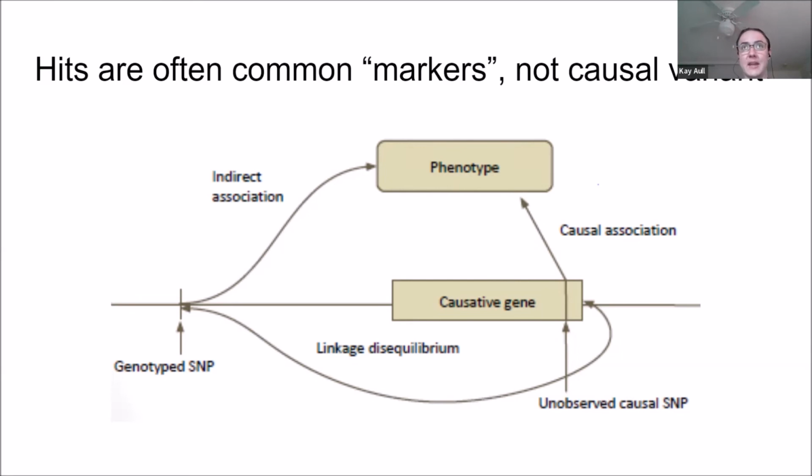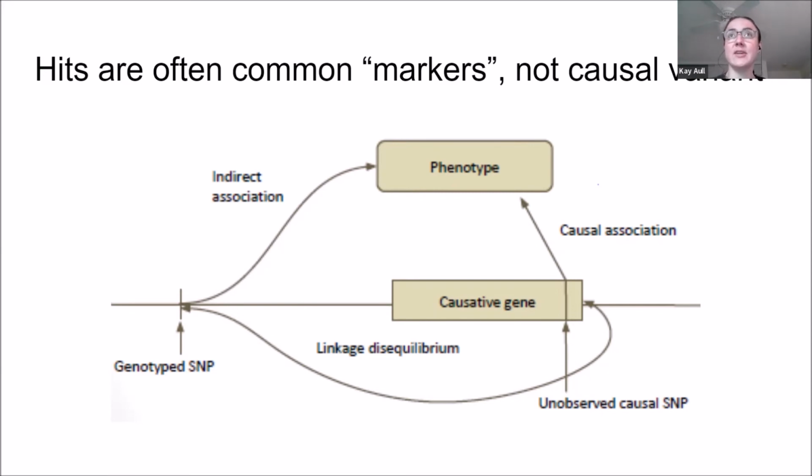But in many cases, you won't have a genotype for that. It might be a rare mutation that just didn't make it onto your SNP panel. This is more relevant for when you're doing microarray type studies where you only get a few 100,000 data points.